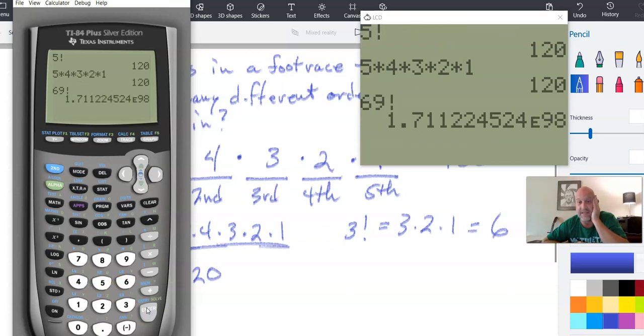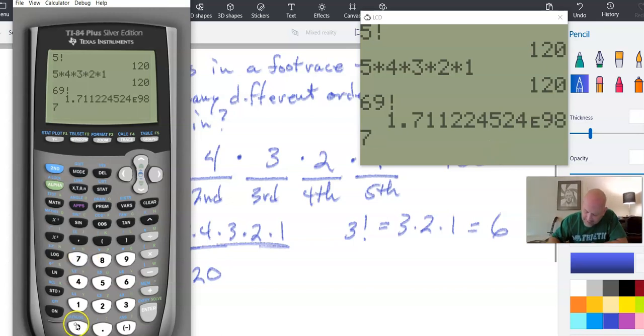And notice that's in scientific notation, how big that number is. So if you had 69 competitors and wanted to know the number of answers, it is approximately 1.7 times 10 to the 98th power. So that's basically a 1 with 98 zeros following it. That's a really, really big number. It'd take you a while to write it down, but the calculator's still handling it.